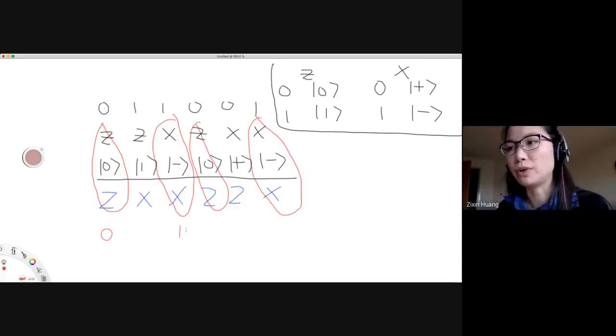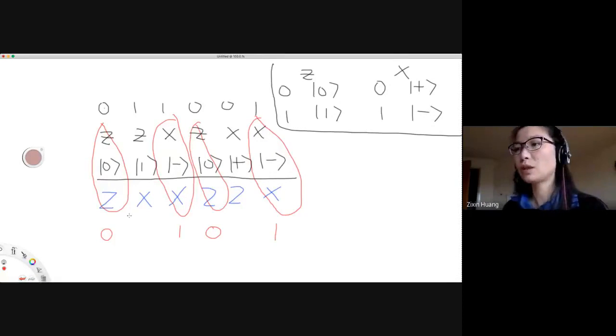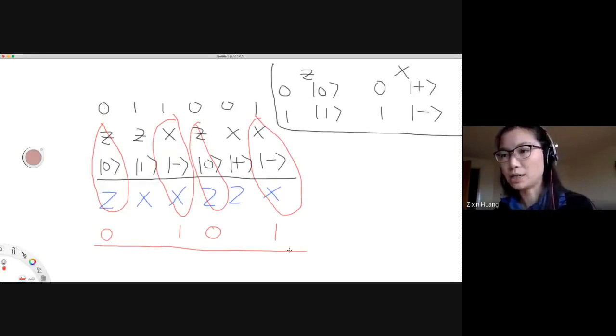And so Bob writes down 1. Wait, sorry, no, this is a 0. And here, Bob has a 1. So this will be the secret string that the two parties end up sharing at the end of the protocol.